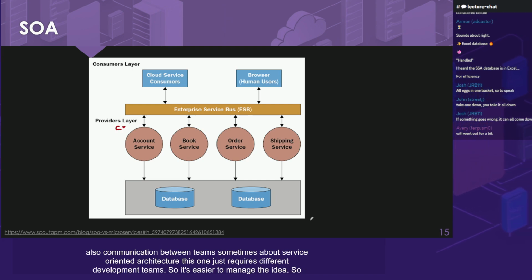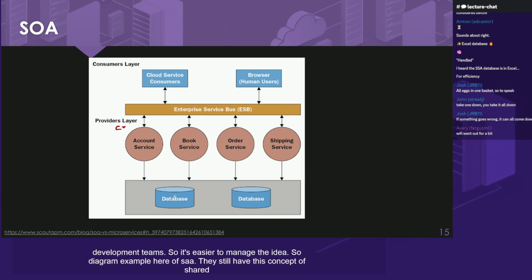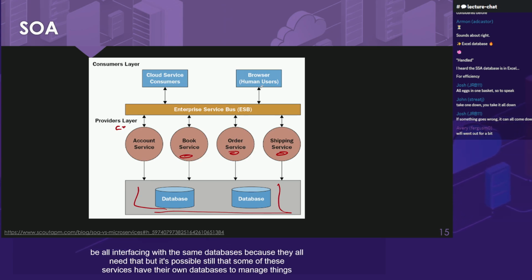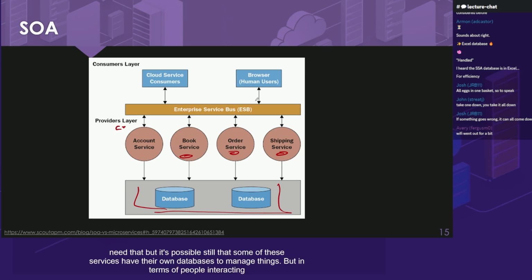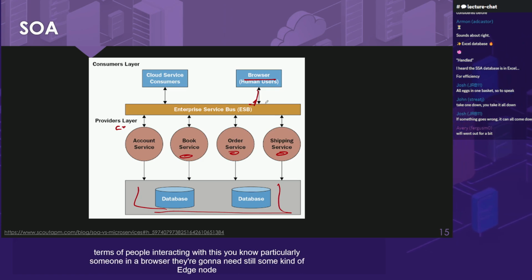So, a diagram example here of SOA. They still have this concept of shared services, or shared components, I should say, that might all be interfacing with the same databases because they all need that. But it's still possible that some of these services have their own databases to manage things. But in terms of people interacting with this, particularly someone in a browser, they're still going to need some kind of edge node to work with here.